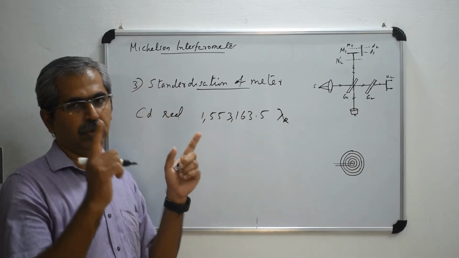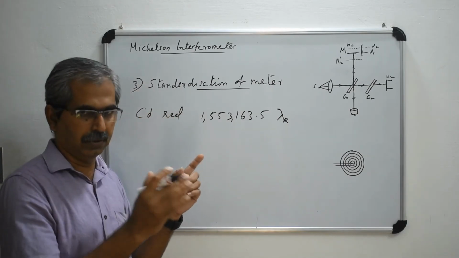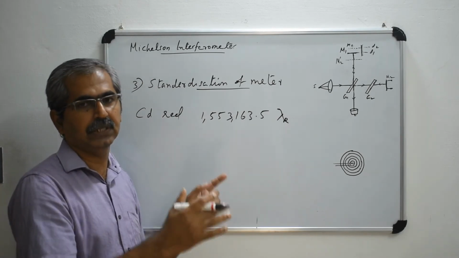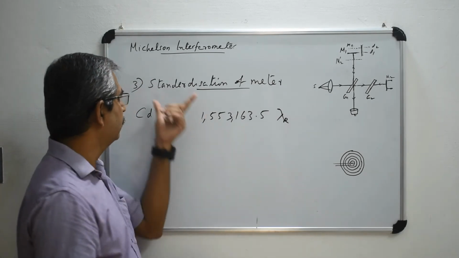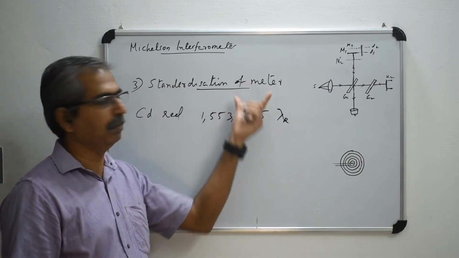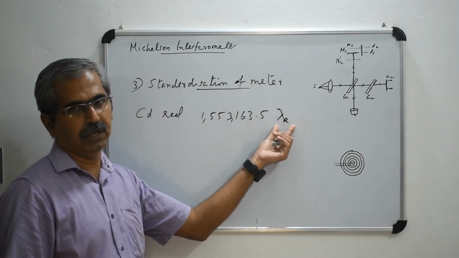That is equal to 1 meter. So you have now a more precise definition or standard for the meter scale. Okay, 1 meter means this many wavelengths of lambda.